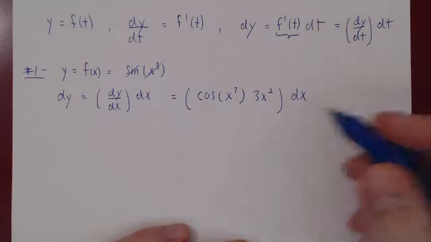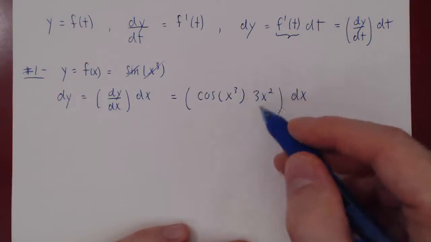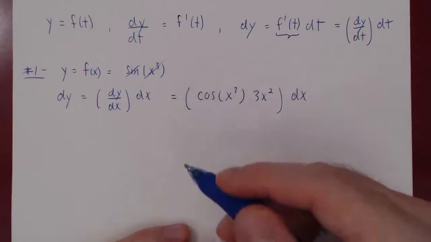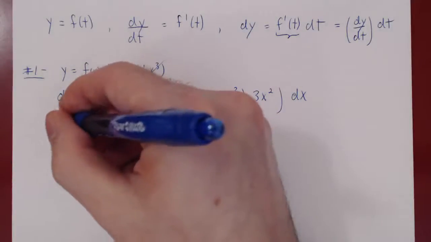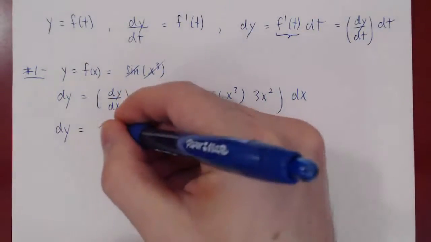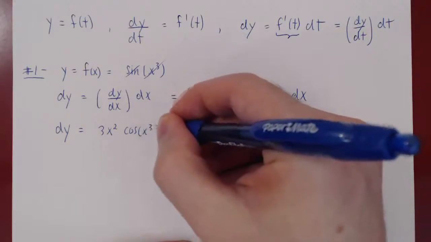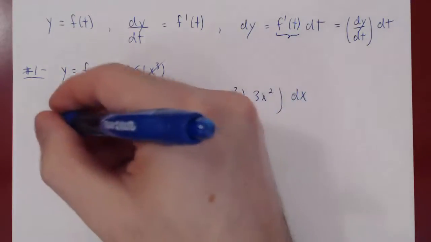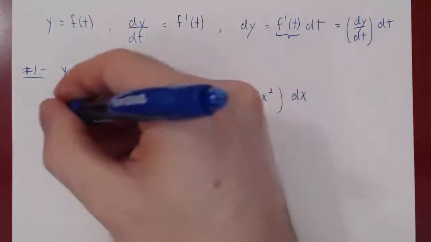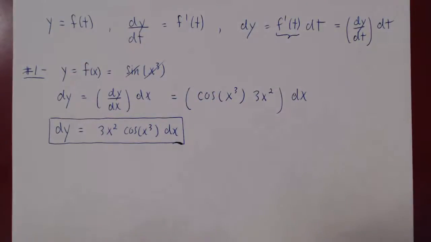And finally, let's rewrite this in the natural order with the simpler terms first and then the more complicated terms. And so the differential of this function is just 3x squared cos of x cubed times dx. And there you have your differential for the function sine of x cubed.